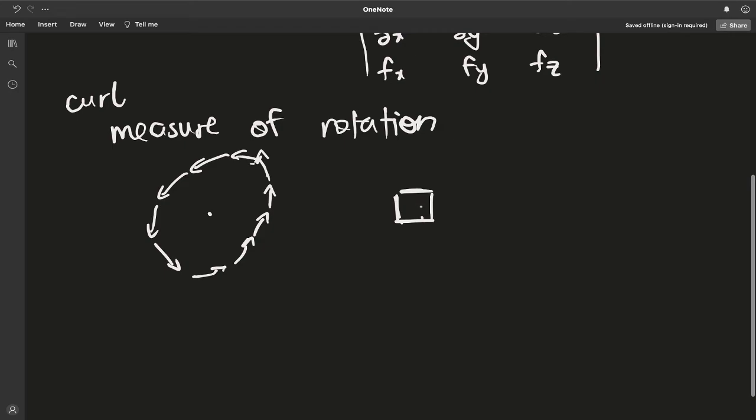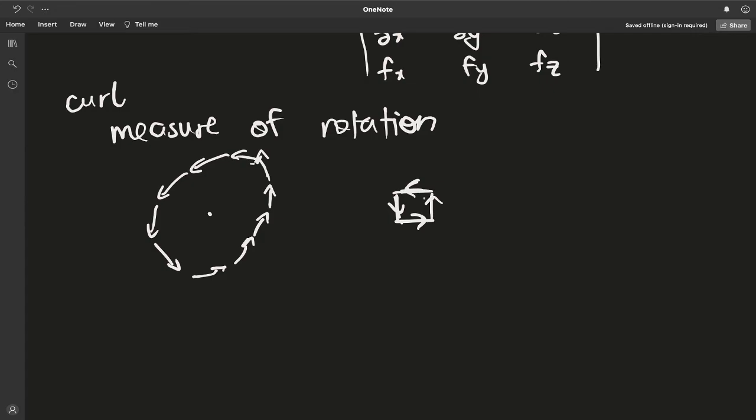So the way we think about it is we want the field lines to be parallel to the orientation of this square loop. So we're counting the lines that are perpendicular to each of these segments in the arrow direction indicated, and that's how we get a measure, or at least the magnitude, of the curl.